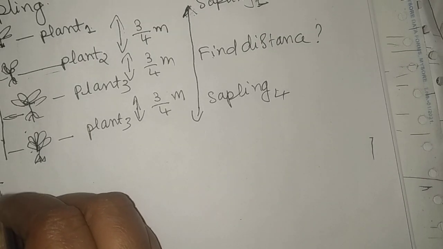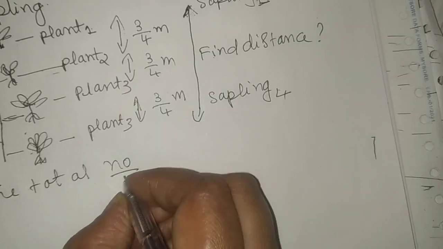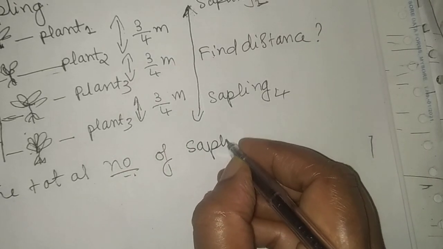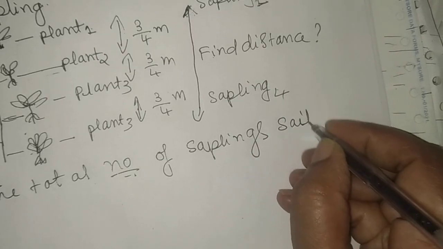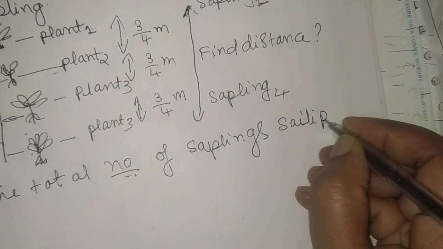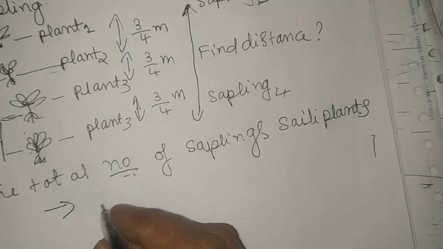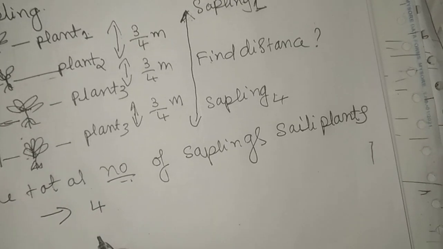First, the total number of saplings, Fathima plants, is how much? 4.